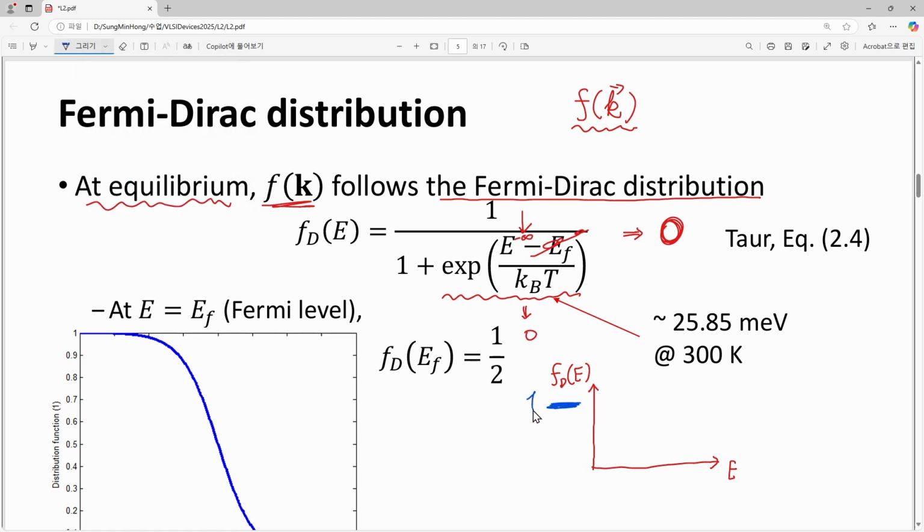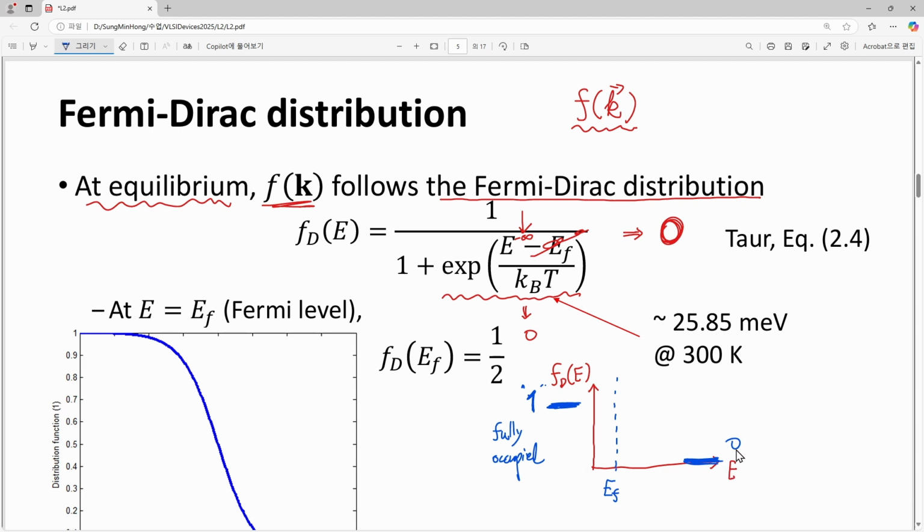extreme value 1 and another extreme value 0, and say that, for example, this is EF. If our energy is far away from this Fermi energy E sub F, then if we go too deep into this lower energy level, then we'll have just number 1. Fully occupied states.